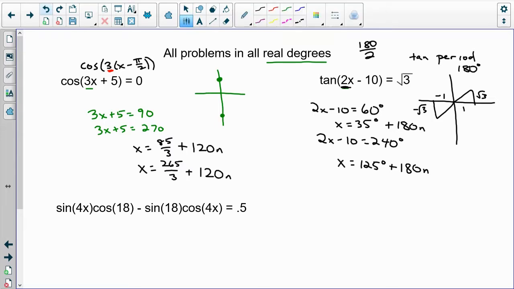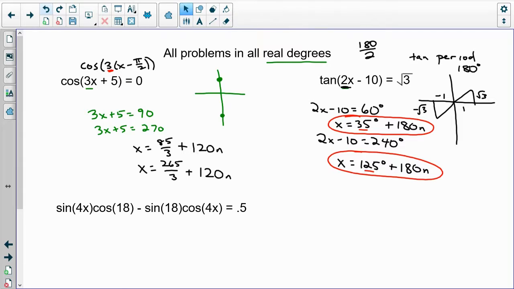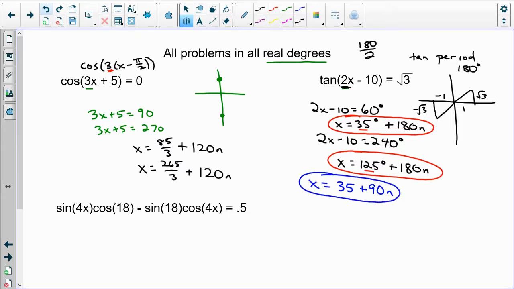However, in this problem, it's technically not inaccurate to leave the answer like this because notice that if I have 35 and 125 and I continually add 180 to those things, I will actually end up getting all the correct answers because 35 and 125 are 90 apart. It would be a little more concise to write my answer as 35 plus 90n, and this would be the preferred way to write the answer because if you notice, 35 and 125 are only 90 apart.